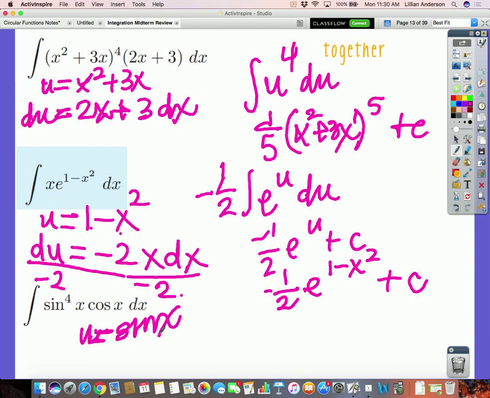Because what's the derivative of sine x? So you have du equals cosine x. Regular derivative is just positive cosine.